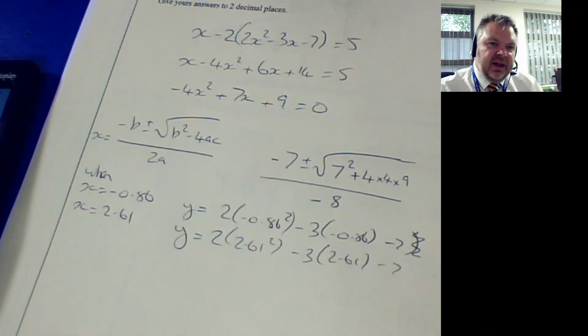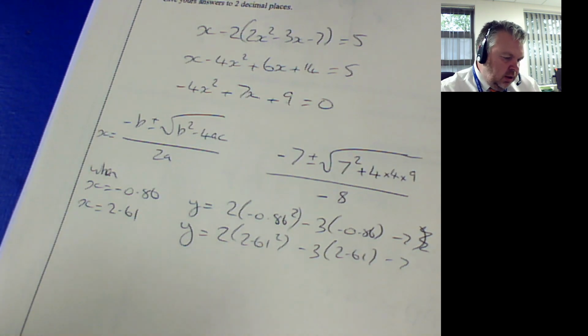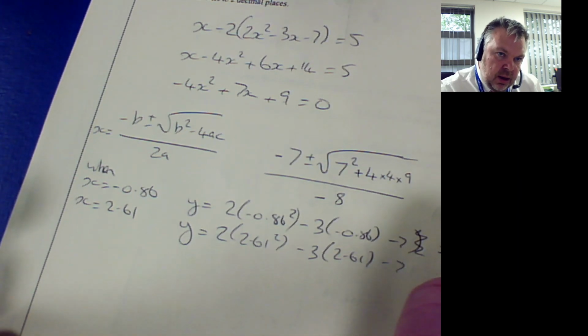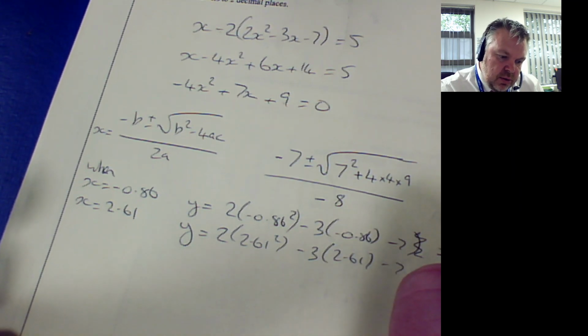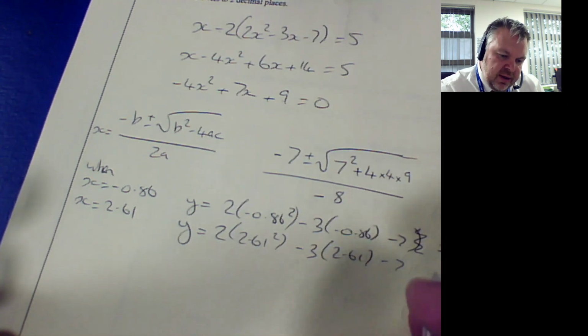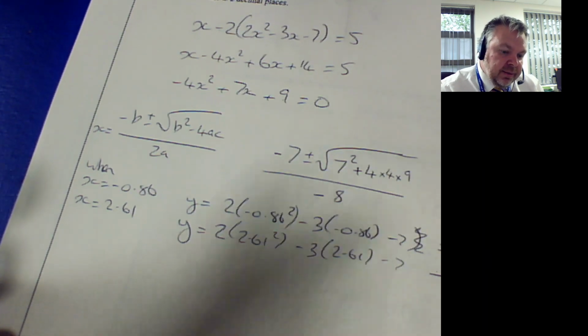Type those into my calculator and get some y values out. The first one gives me minus 2.93, and the second one gives me minus 1.19.